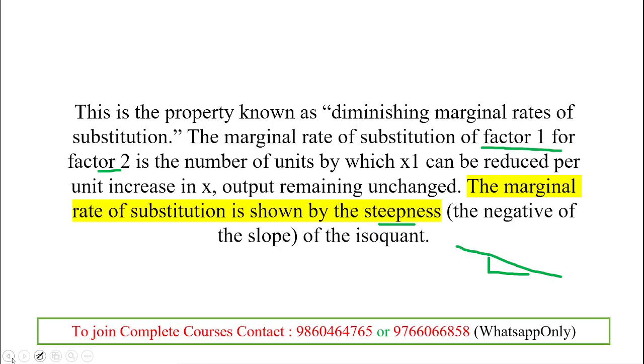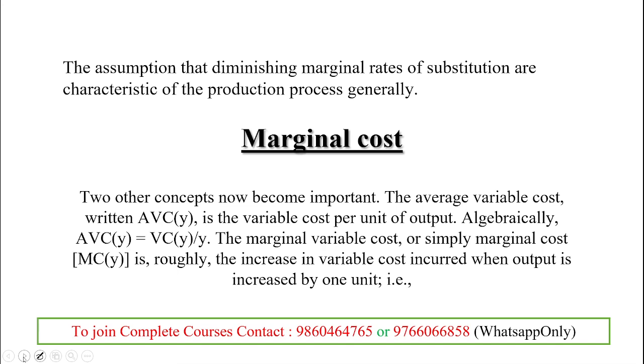Next we discuss the assumption that diminishing marginal rates of substitution are characteristic of a production process. The production process is characterized by a diminishing marginal rate of substitution. When we increase capital instead of labor, after a limit we cannot keep increasing the quantity of capital, and it will later diminish the whole output of the business.